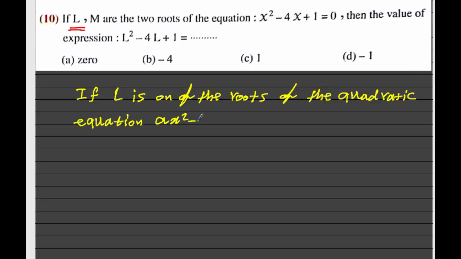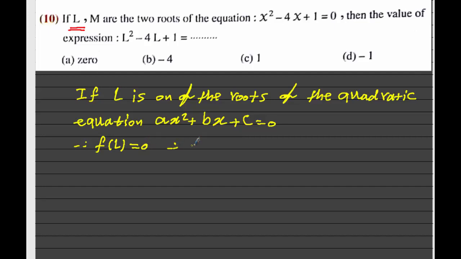Question number 10. If L and M are the two roots of the equation x square minus 4x plus 1 equals 0, then the value of L square minus 4L plus 1 equals. Here we have L is one of the two roots. In general, if L is one of the roots of the quadratic equation ax square plus bx plus c equals 0, then f of L equals 0.